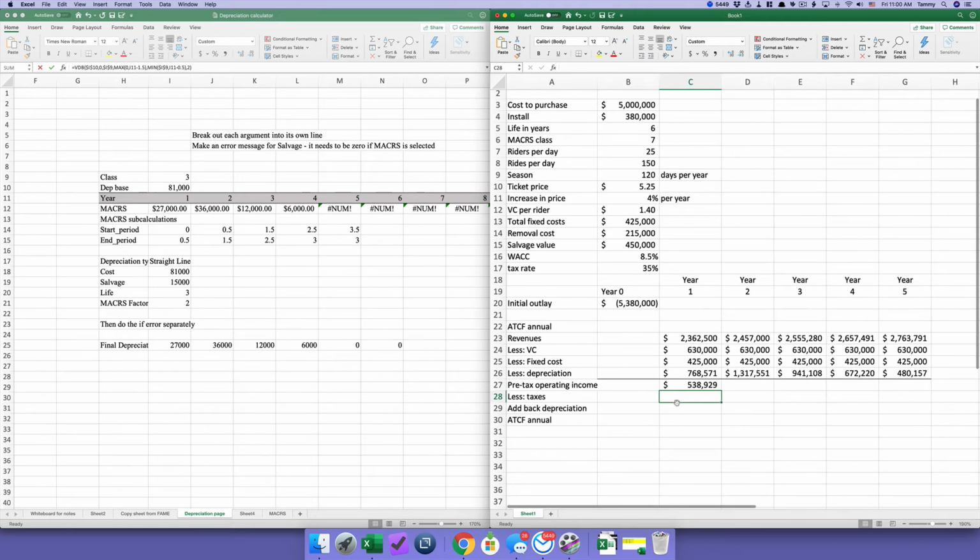And then we're going to calculate the taxes on that. So it's 35%, which is an absolute cell reference, times the pre-tax revenues. And then we add back the depreciation.